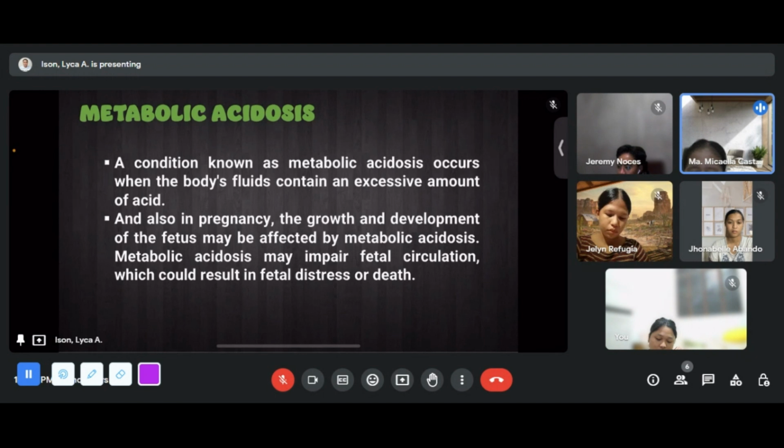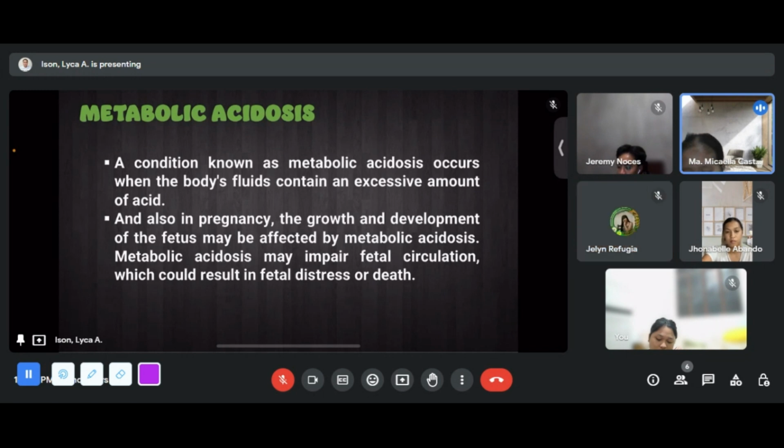So, gaya nga ng sabi ko, ang normal human physiological pH is 7.35 to 7.45.